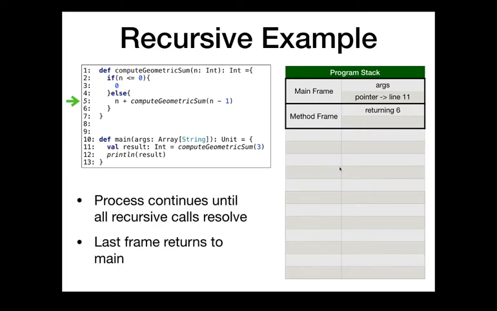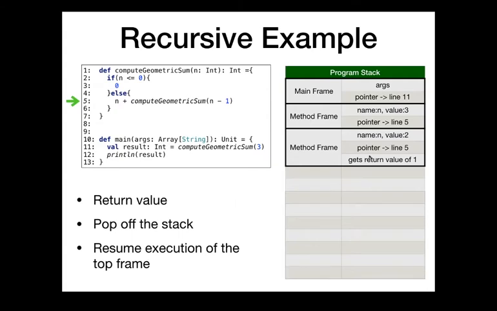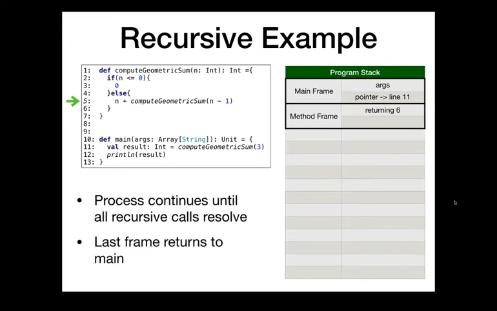It's going to return back to this frame. This frame is going to resume on line 5. Compute 3 plus the 3 that's being returned. Compute that. Return that. We're going to end up returning 6 from that top level call.